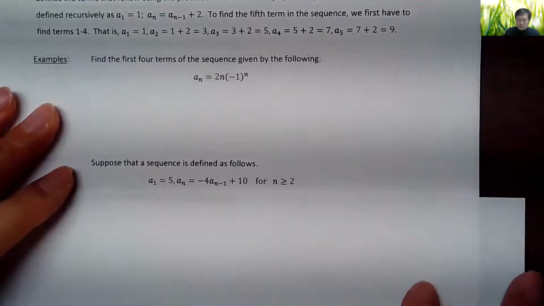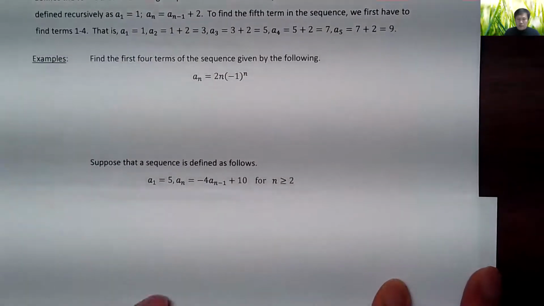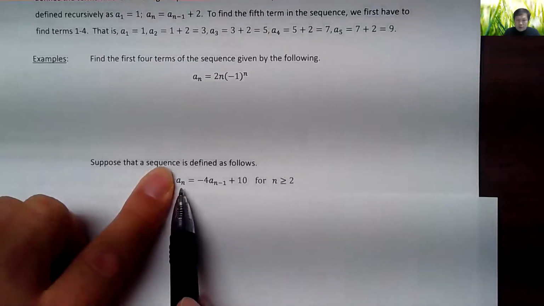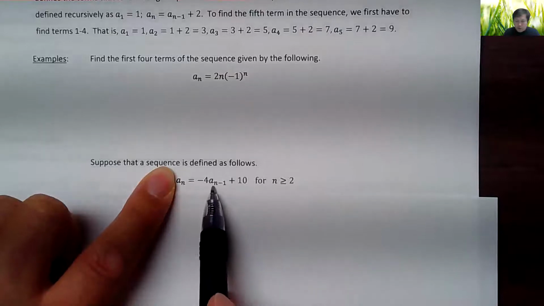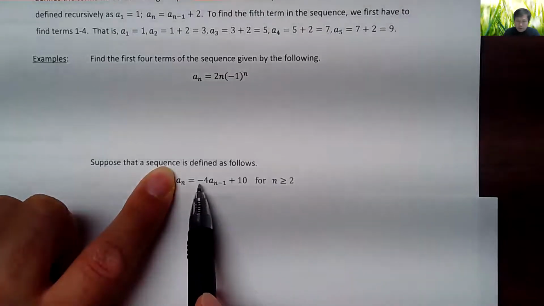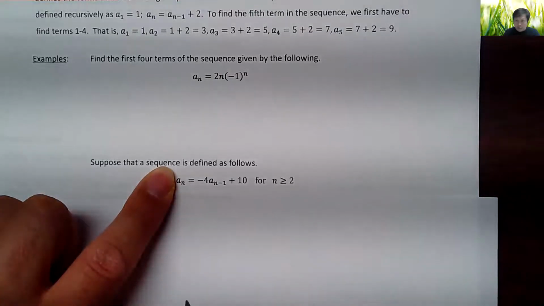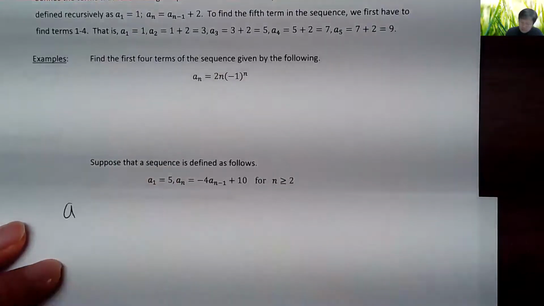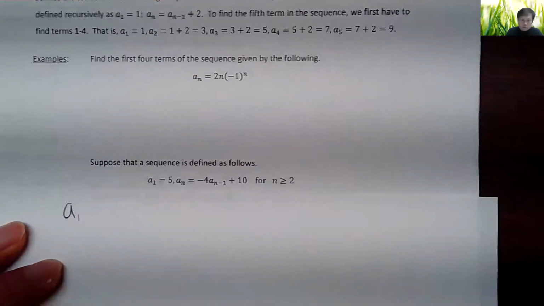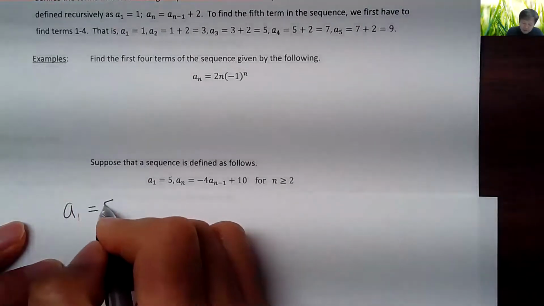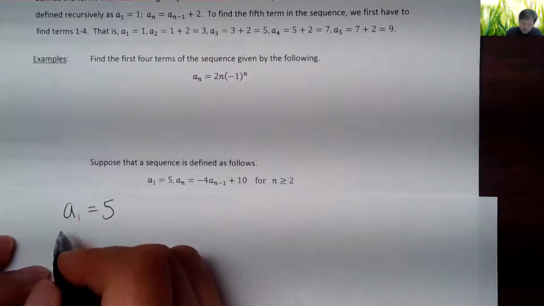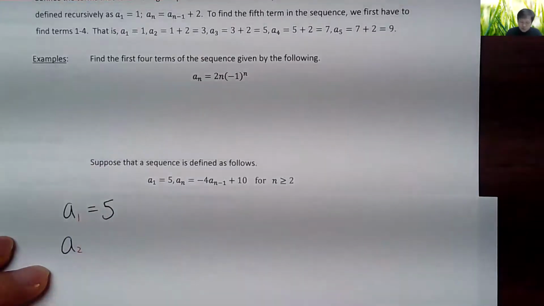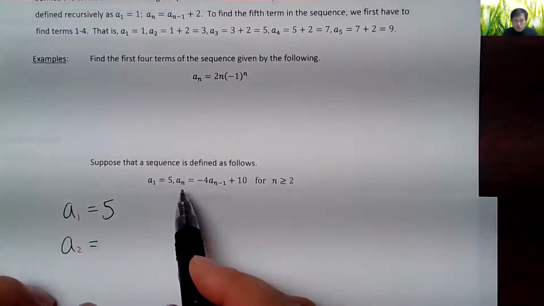So it's important for you to understand it starts with a 5. How do you get any term? Whatever previous term, you're going to multiply by minus 4 and plus 10. So a sub 1 is 5. And you need to get the next term, which is a sub 2. How do you get a sub 2?